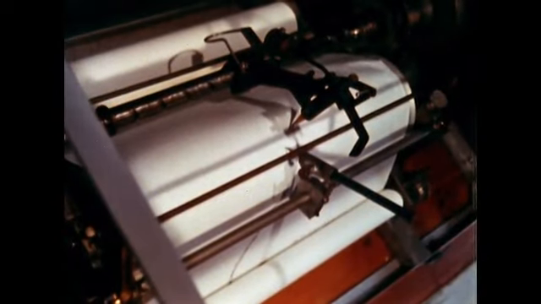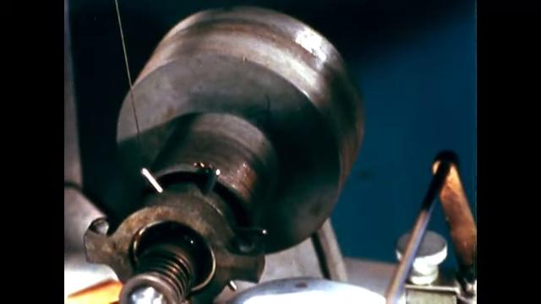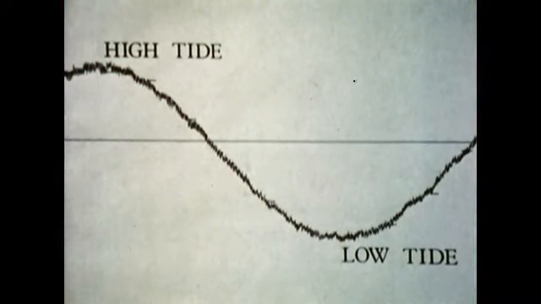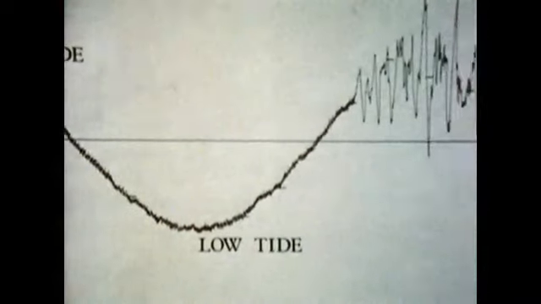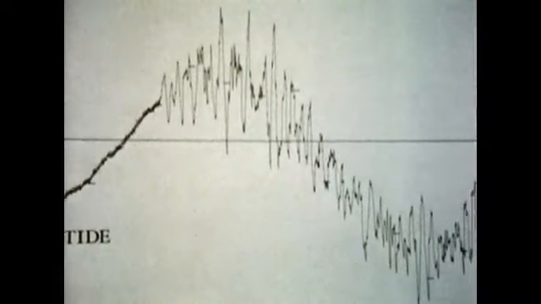On the coast of California, a tide measuring station in Crescent City was recording the normal rise and fall of the tides. At almost exactly the same time that the huge waves hit Hawaii, this station also recorded sudden large changes in sea level.